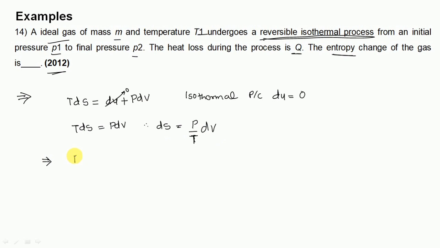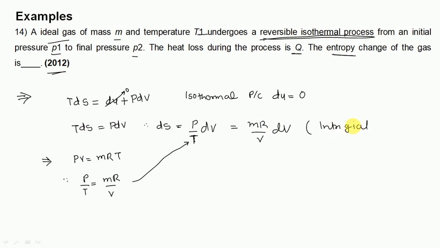We have the relation PV equals mRT, so P upon T is equal to mR upon V. Putting this in the equation, we get mR upon V into dV. Now integrate this.